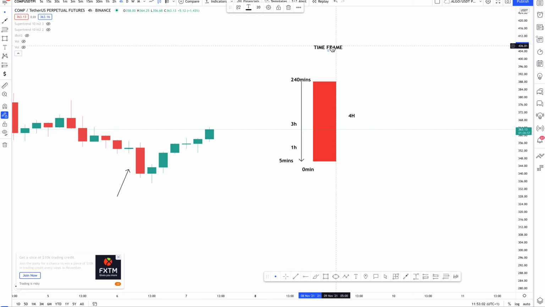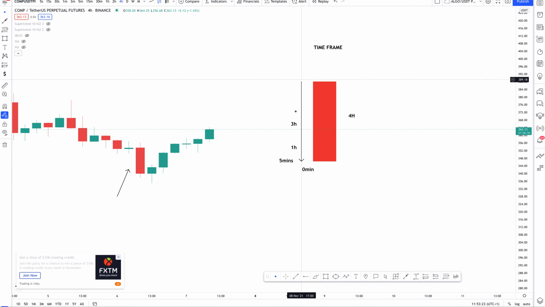So if this was to be a 1-hour chart, you can get 4 15-minute charts on this, 4 15-minute movements.